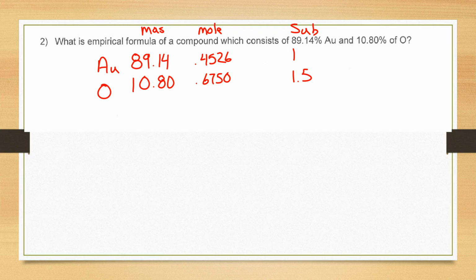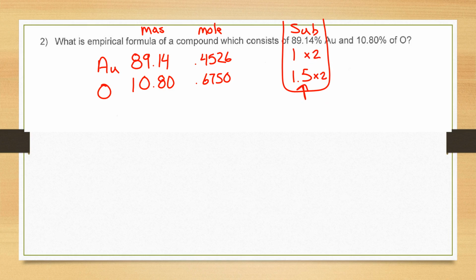But a lot of people, because it was 1.49, just dropped the 49 off and put 1, and then said that my empirical formula was AuO. But remember, when you get one that is a 0.5, we have to double everything.